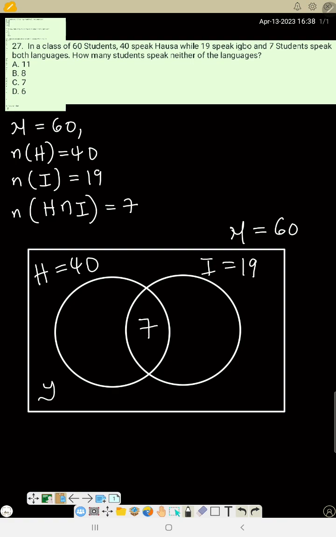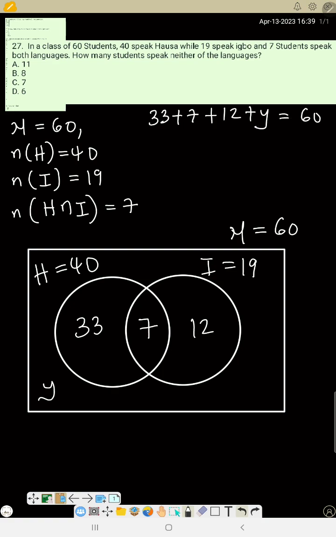So now 40 minus 7, that is 33. And also 19 minus 7, that is 12. So add everything together equals the universal set. That is 33 plus 7 plus 12 plus y is equal to 60.